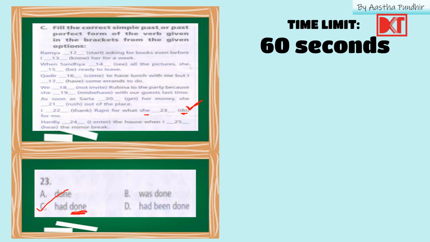Now here we are using simple past, and for the second action we are using past perfect. You have to focus on why we are using past perfect, because this action, what she had done for me, this doing of something action had completed first. So for that we use past perfect, and for the other one we are using simple past. All right.